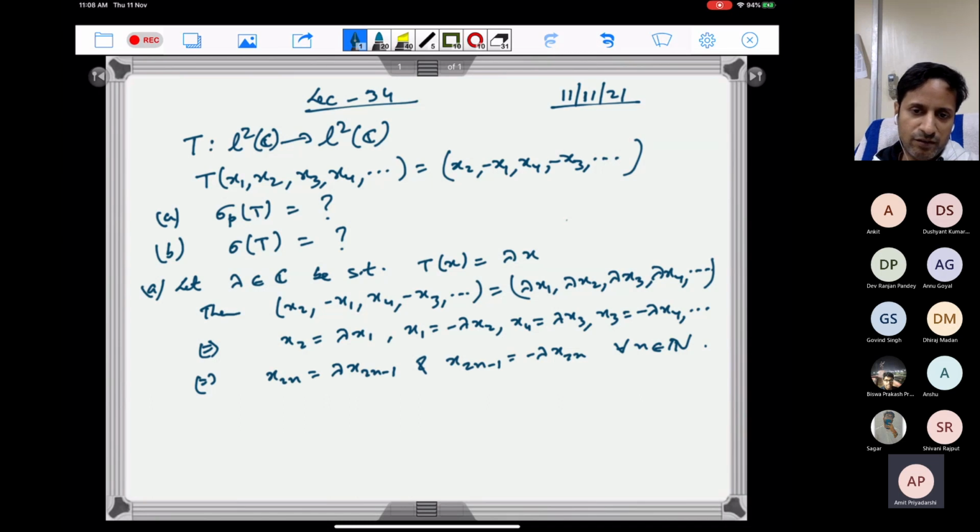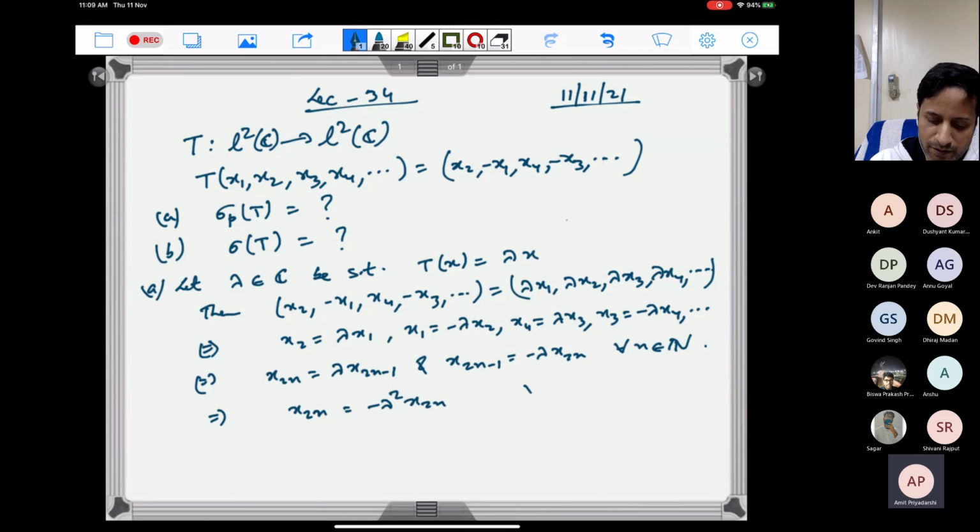So if I substitute x2n minus 1 equal to minus lambda x2n, then this implies x2n is equal to minus lambda square times x2n.